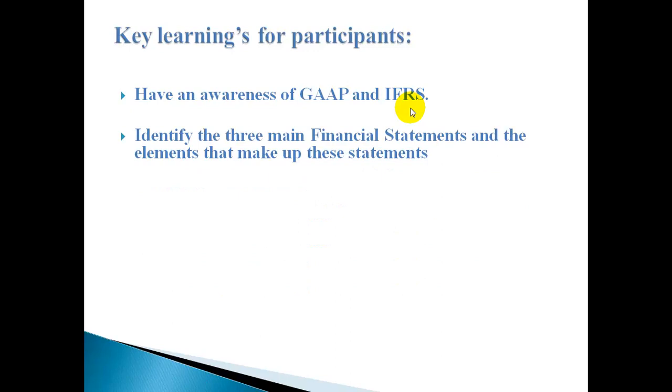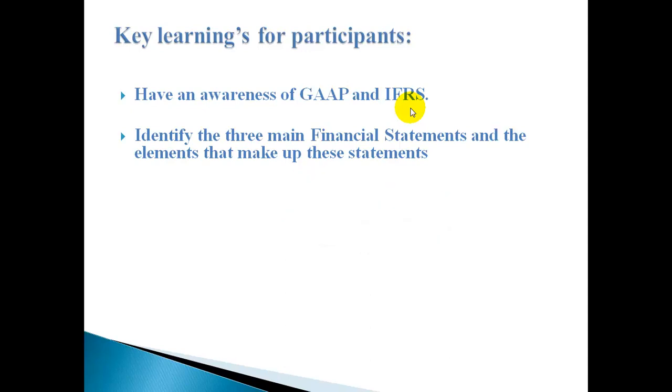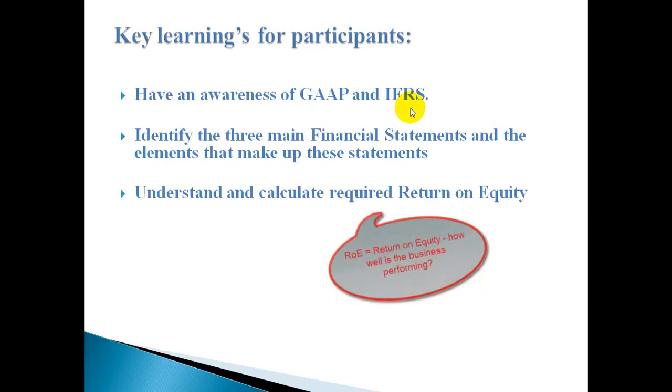You're going to be able to identify the 3 main financial statements: balance sheet, income statement, cash flow statement, and what makes up these statements. We'll have a look at each statement in detail. You'll be able to understand and calculate required return on equity, a key ratio to let you know if you should be in business or not.